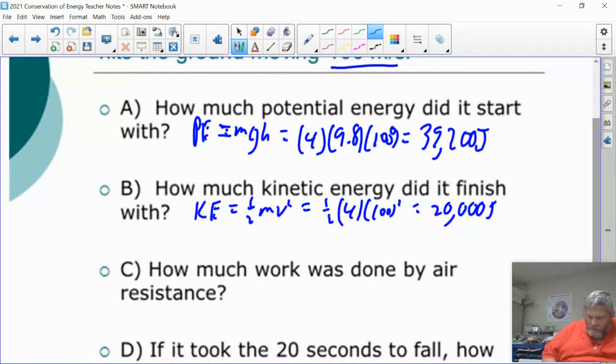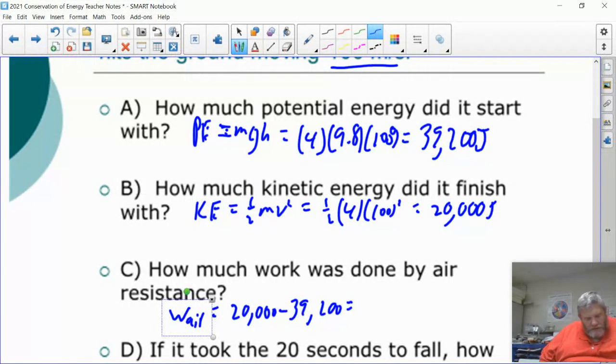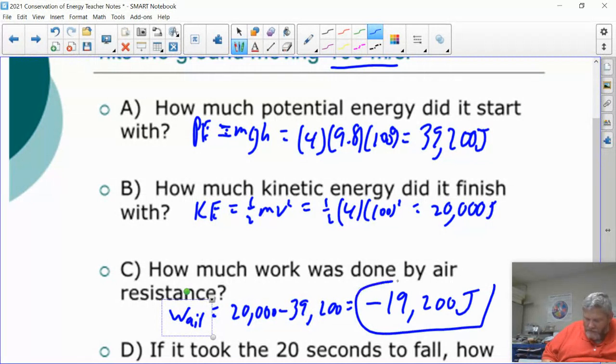All right, so how much work is done by the air resistance? Well, the work done by the air is just going to be the difference between those two values. It's going to be the final 20,000 minus the initial 39,200, and we get negative 19,200 joules. The negative sign here means that it's losing energy.